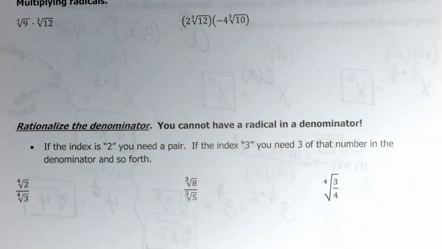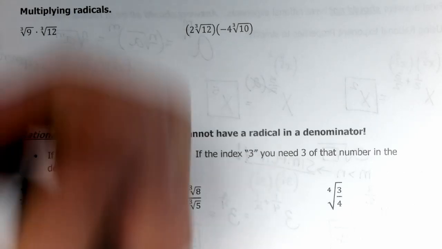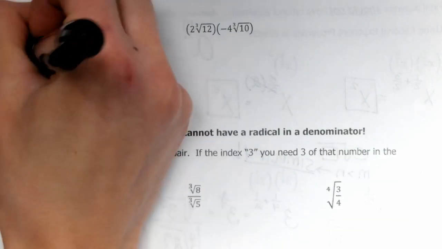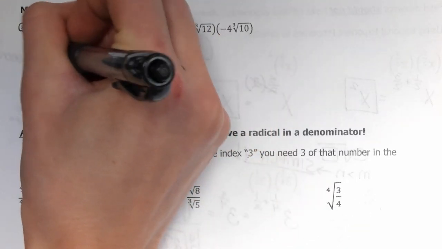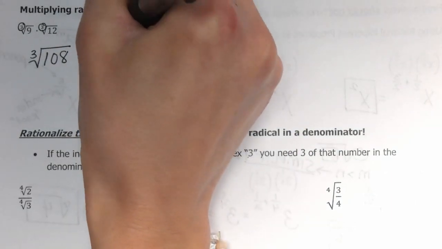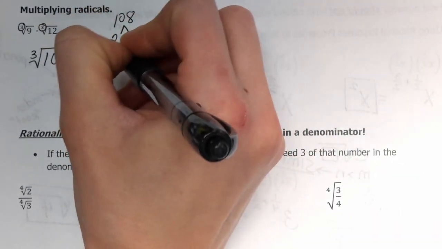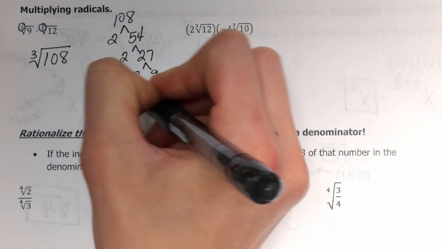So if I multiply my radicals, cube root of 9 times the cube root of 12, as long as they're the same index, so the same root, I can multiply them. So I'm going to have the cube root. What's 9 times 12? 108. Then I'm going to go back to doing my prime factor tree. 108 will split into 2 and 54, which splits 2 and 27, 3 and 9, 3 and 3.